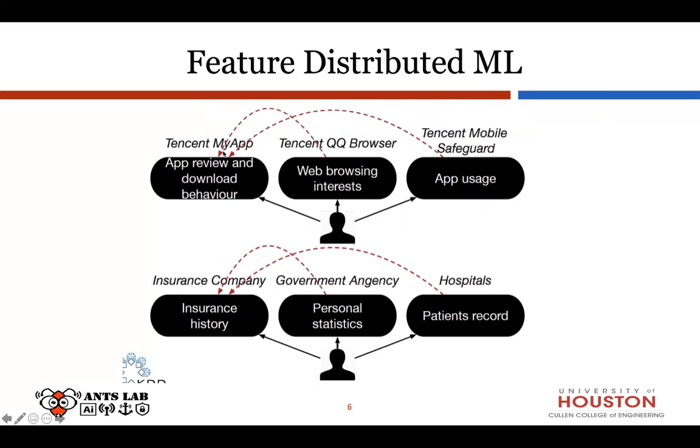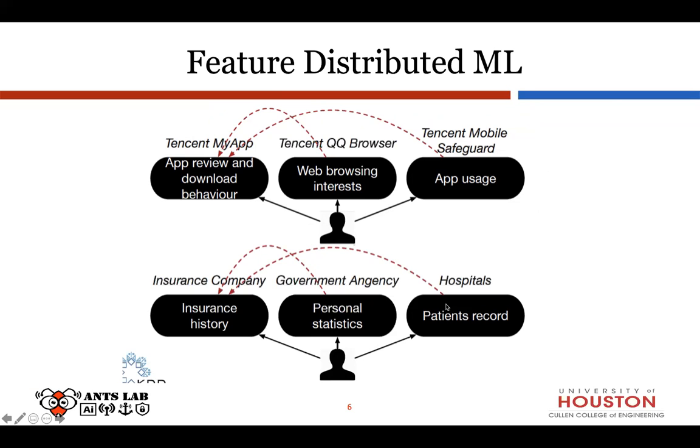Of course, if we want to train such a machine learning task, we need some features like the app review and some download behaviors from the user. And they also want to include some other features from some other apps, like the web browsing entries from the Tencent QQ browser, and some app usage information from the Tencent mobile safeguard app. So for this scenario, they train it with a feature distributed machine learning framework.